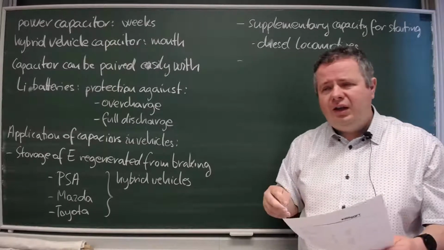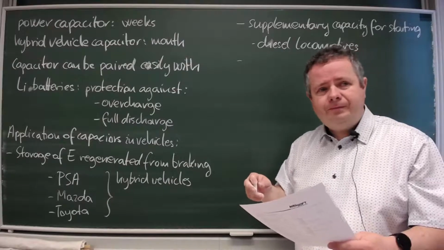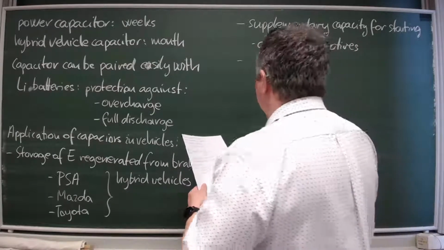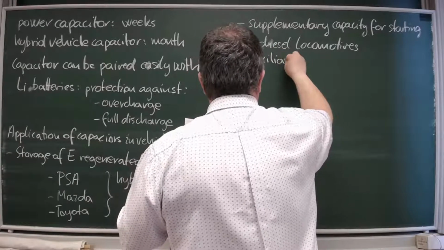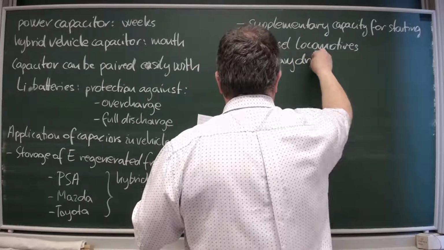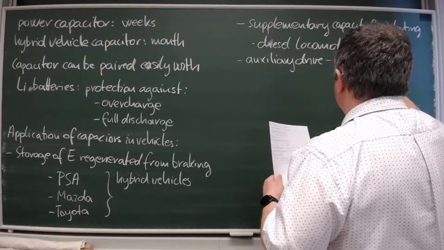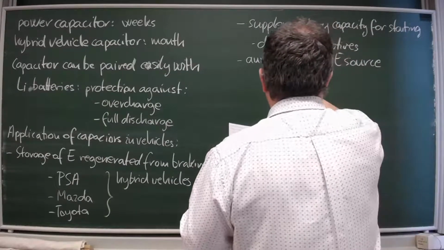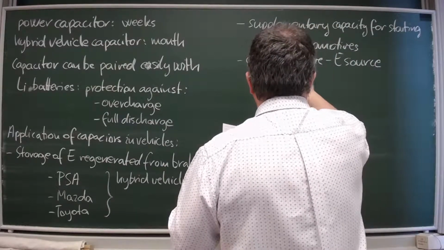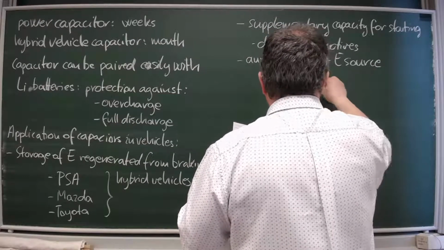They can have auxiliary batteries made of capacitors. Okay, so auxiliary drive energy source. And you can have here tramways and trolleybuses.